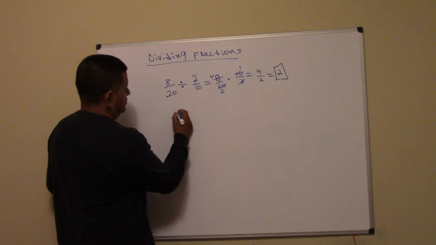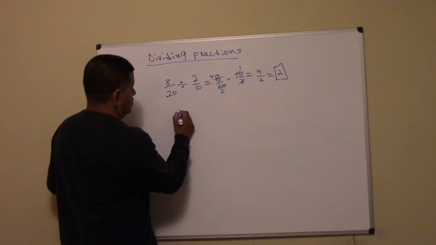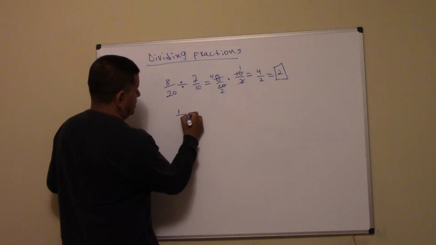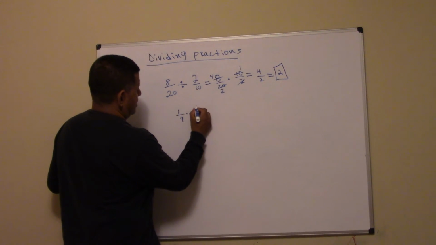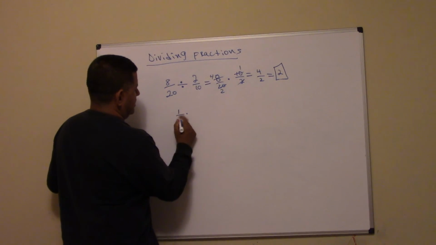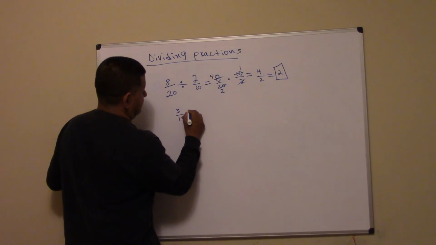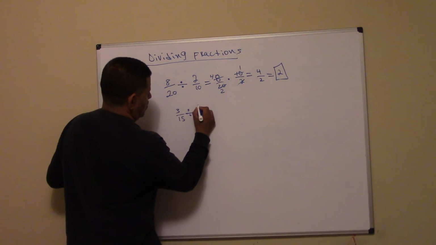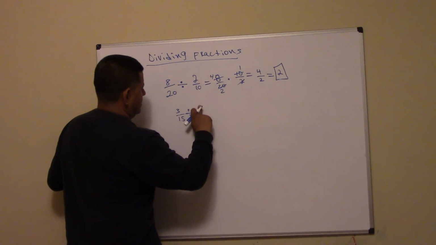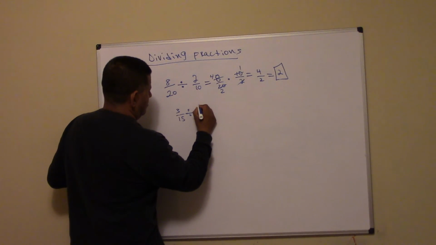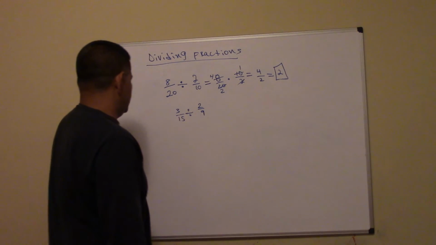Okay, let's do another one. Let's do 3/15 divided by 2/9.